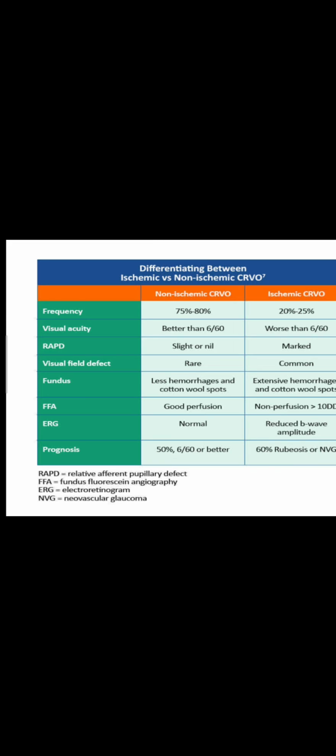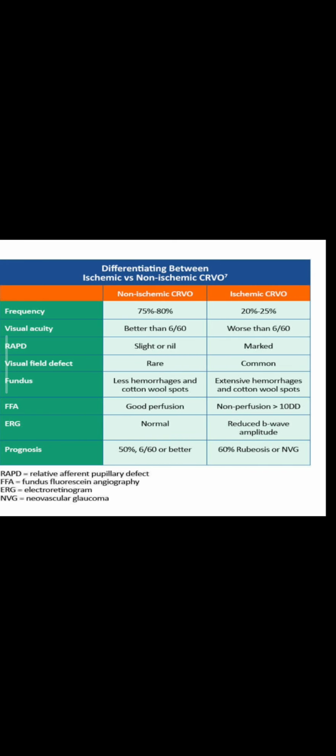The feature you should remember is unilateral mild to moderate sudden onset loss of vision. In hemorrhagic or non-ischemic CRVO, somewhat better visual acuity is present, and your fundus will have less hemorrhage and few cotton wool spots, whereas in ischemic there will be extensive hemorrhage and many cotton wool spots.